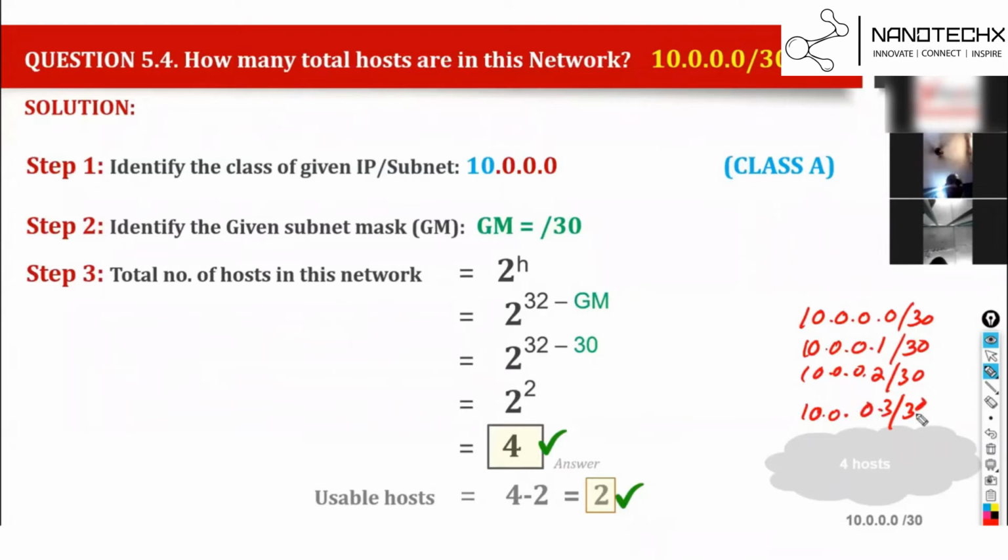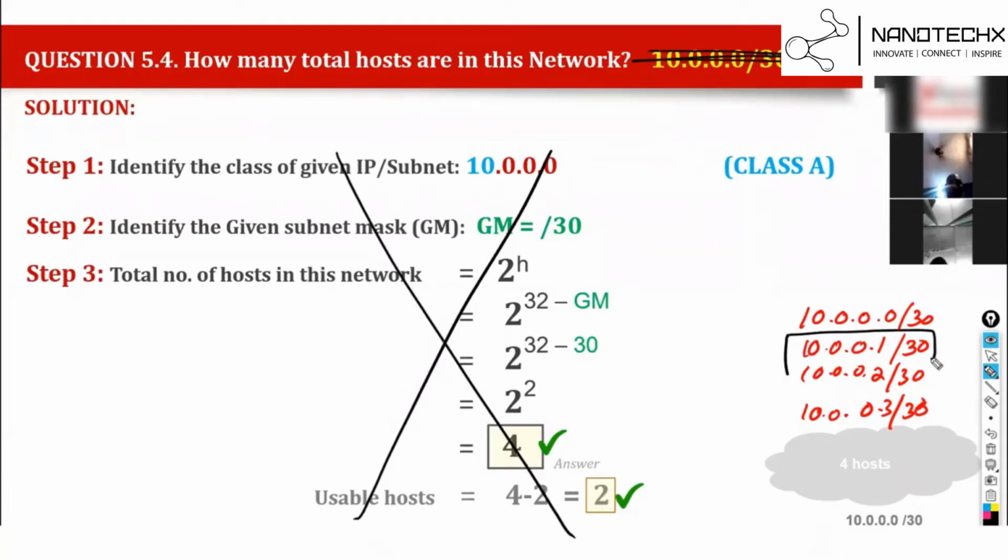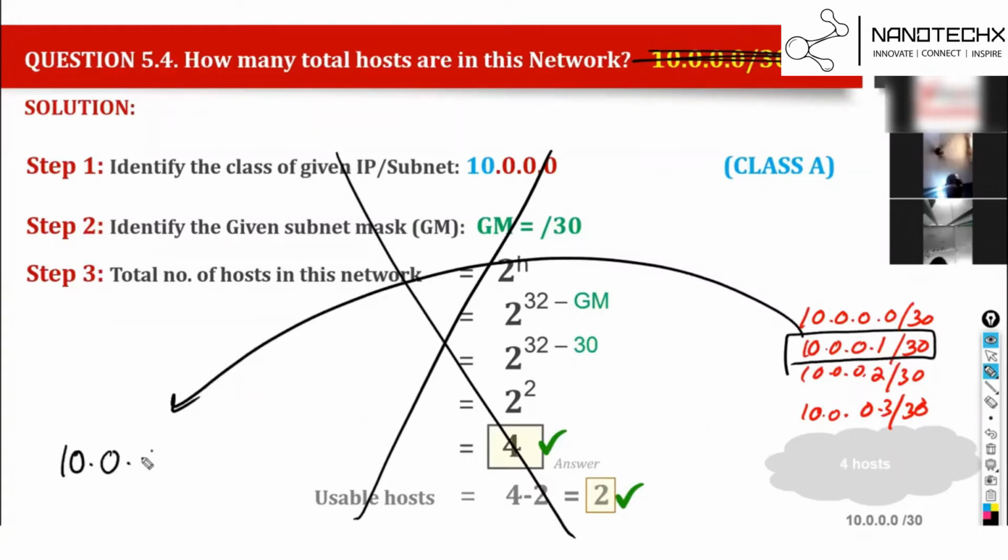Okay, now let's say somebody doesn't tell you everything. They don't tell you the original network from where it came. What he does, he just picks up an IP address and gives you this one. He says, guys, I have an IP address which is 10.0.0.1/30. Can you tell me what is the range of the network it belongs to?